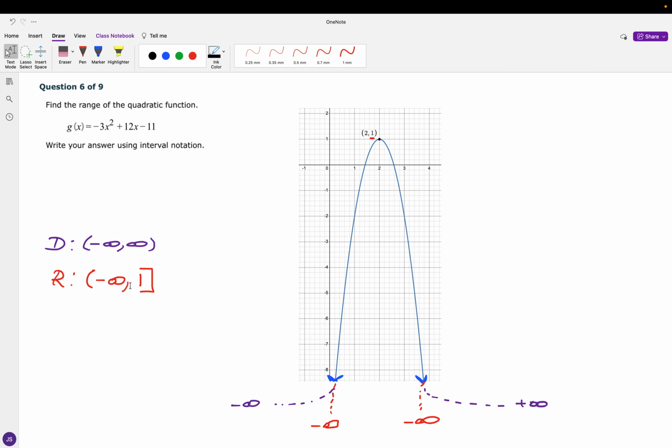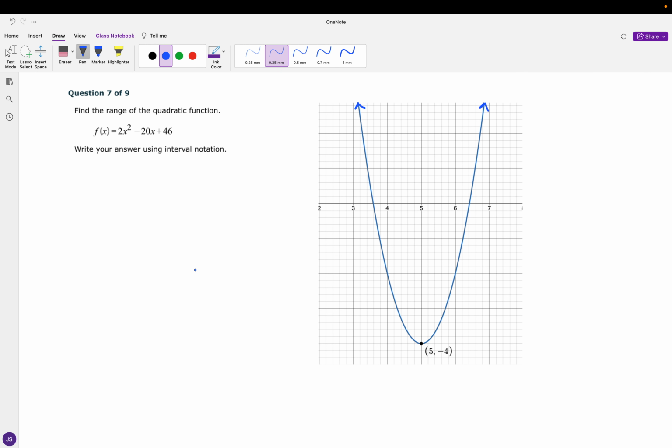For number 7, I had decided to insert the graph of this particular quadratic function as well, and it's asking for the range, and history repeating itself, I'm going to include the domain.